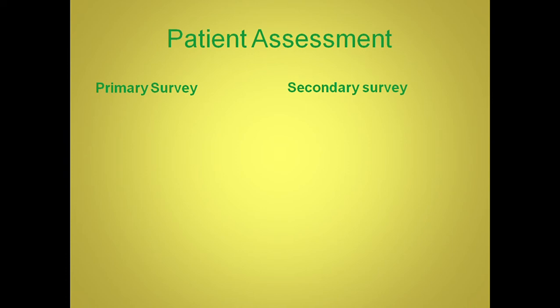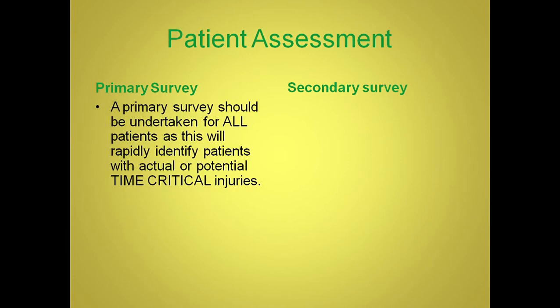So we're now starting to think about our conscious patient or our semi-conscious patient or our patient who is breathing normally. So the primary survey should be undertaken for all patients, as this will rapidly identify patients with acute or potential time critical injuries.